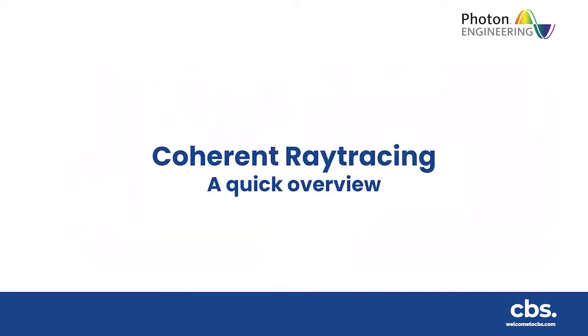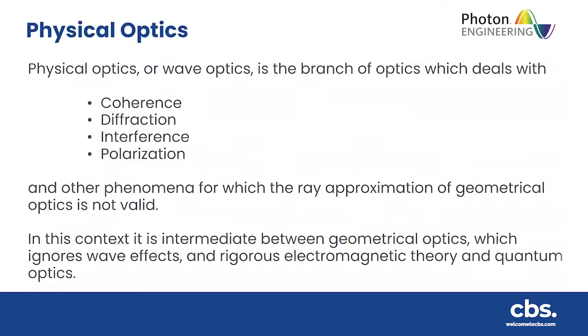So just a very quick overview of how FRED models physical optics. It does so using a technique that we call coherent ray tracing, or more specifically, Gaussian beam decomposition. So first, physical optics. What is physical optics?